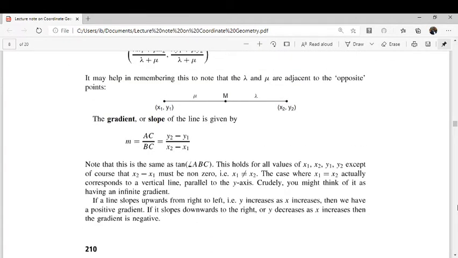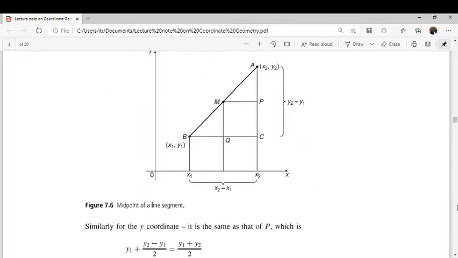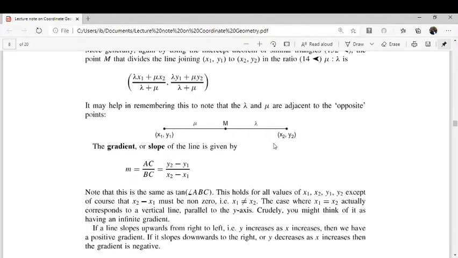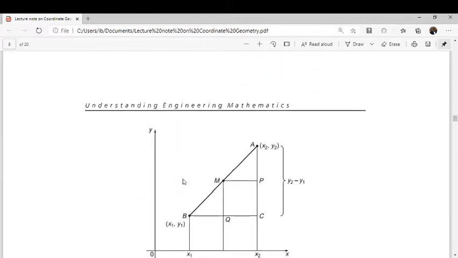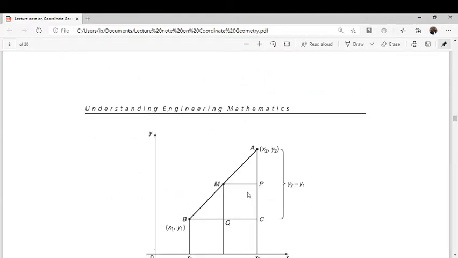Now, I can see here that I have this. So now the slope, which is the gradient, is AC over BC. So that is the slope, my gradient. That's this rise and run.